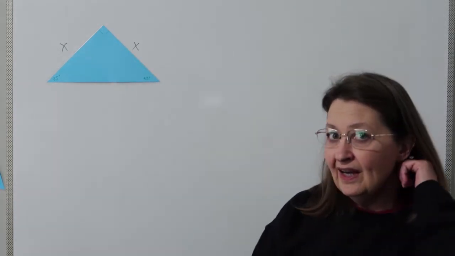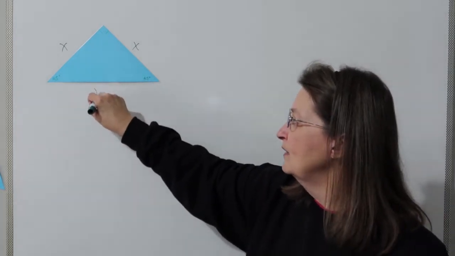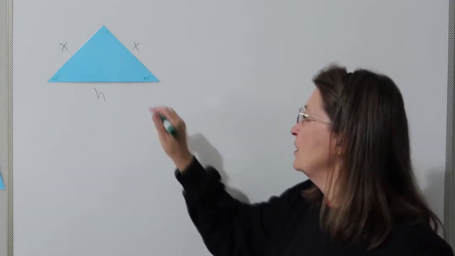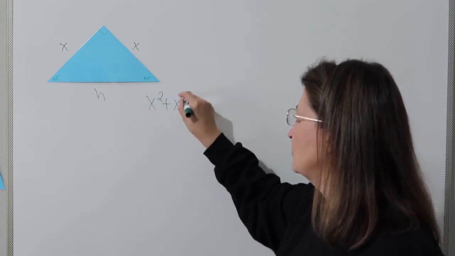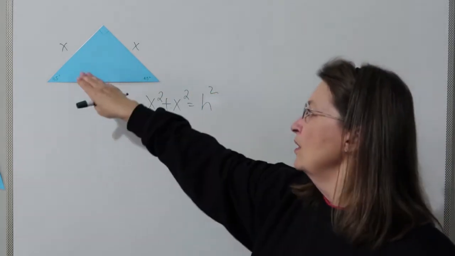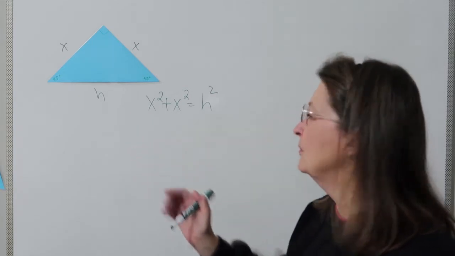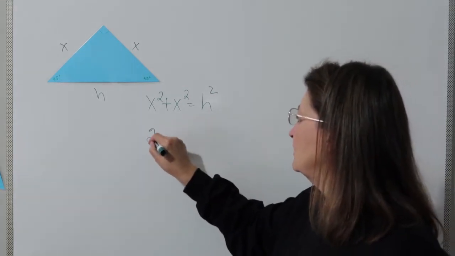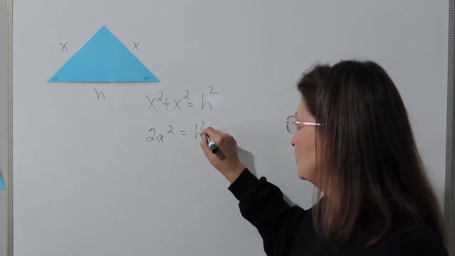So let's go ahead and use the Pythagorean theorem on this triangle now, if we let the hypotenuse be h. So now we have x squared plus x squared is equal to h squared. Square of the side plus square of the side is equal to square of the hypotenuse, Pythagorean theorem. Simplifying gives us 2x squared is equal to h squared.